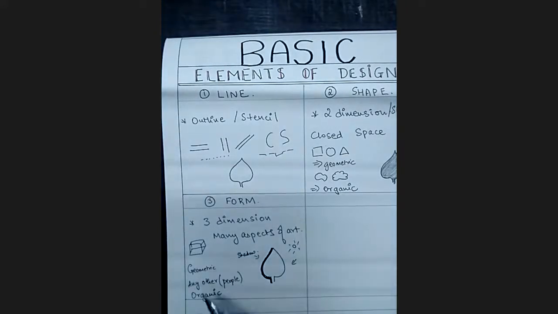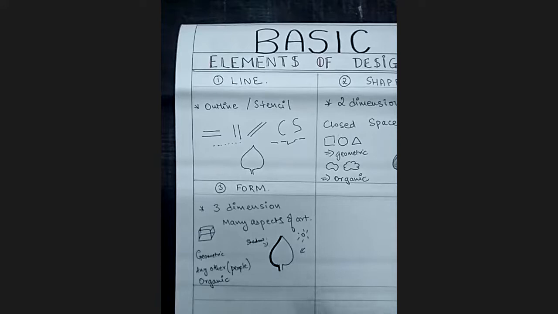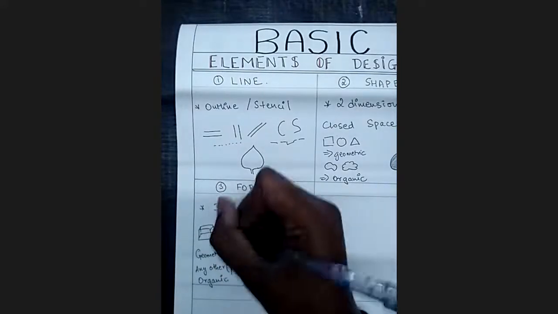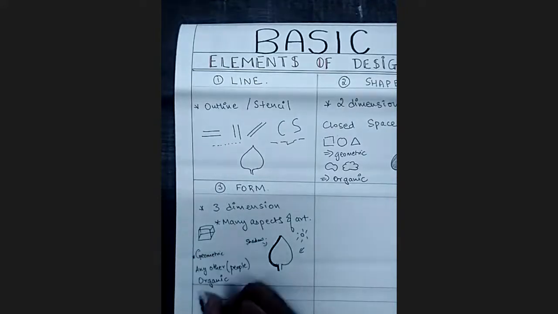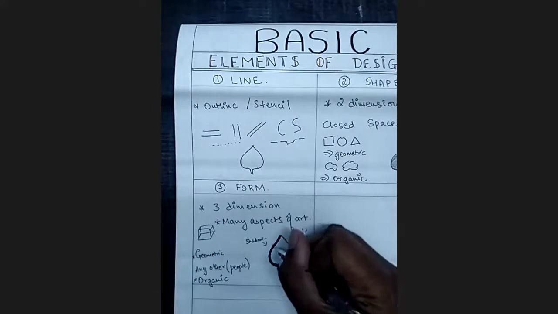If you start with some other shape, you can adjust with whatever line, shape, and form that you think is proper. Now we're done with form as well. Let me just put a point there. Geometric, organic, and we've got a shadow.